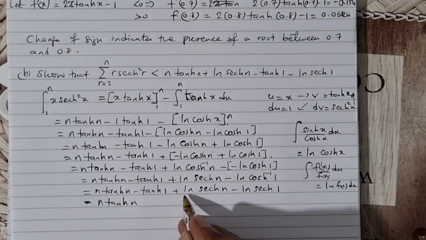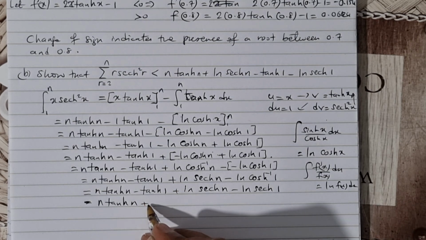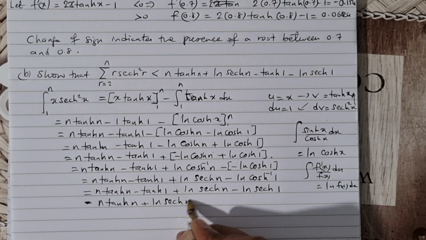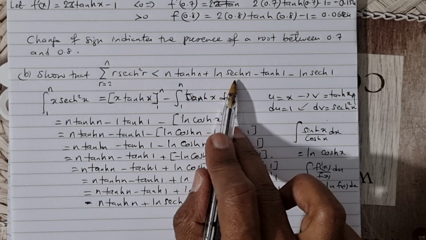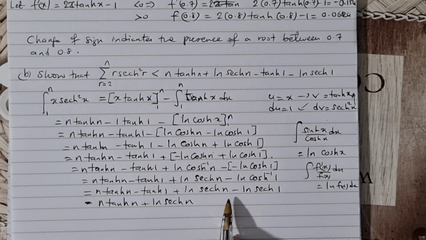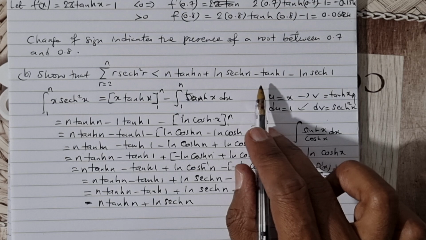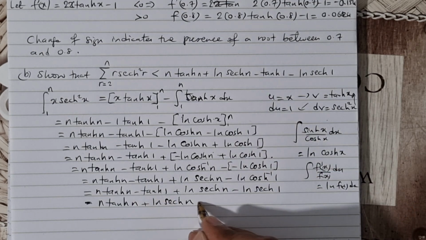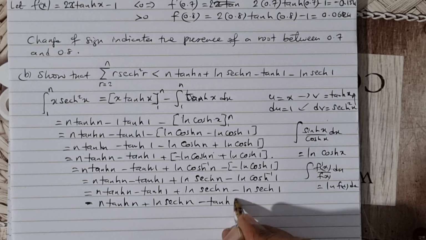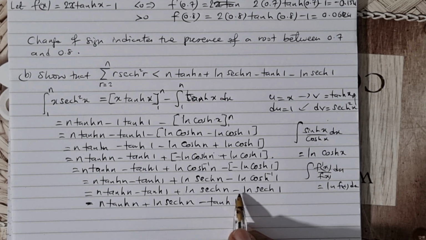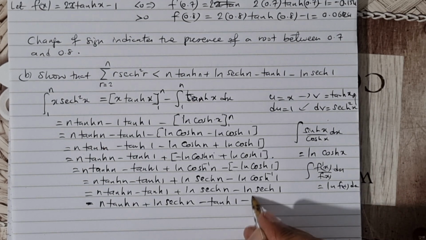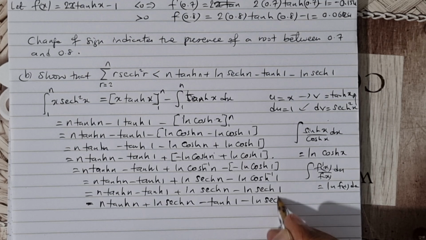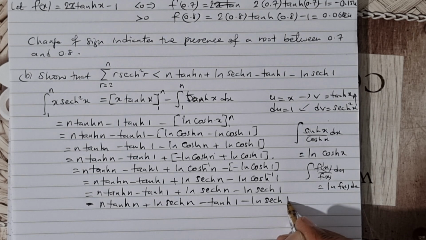So plus ln sech n, which is the same as this, and minus, here I've got minus tanh 1, and finally minus ln sech 1.